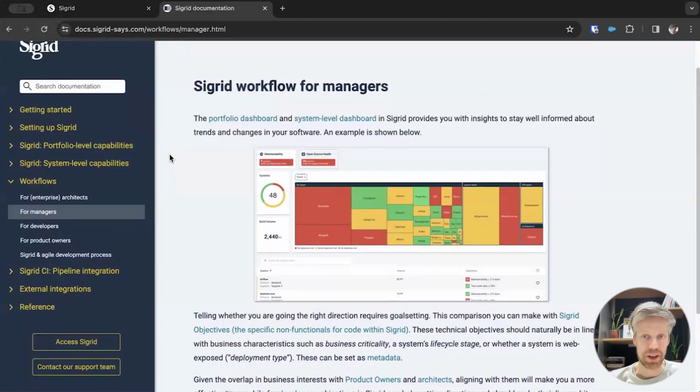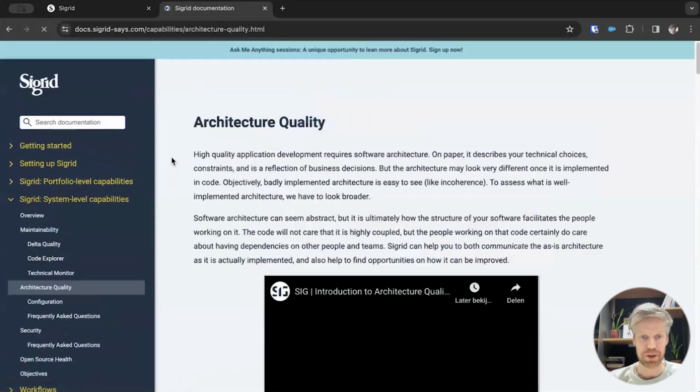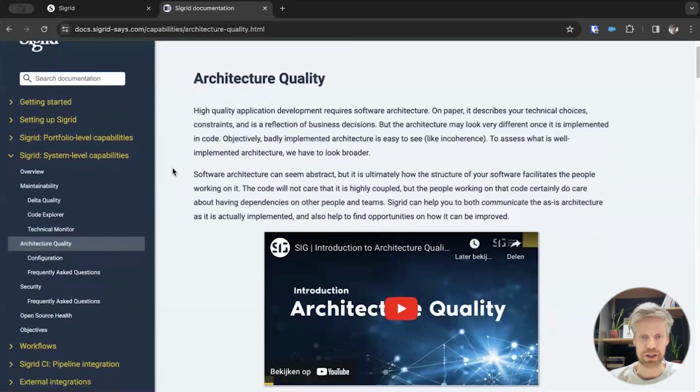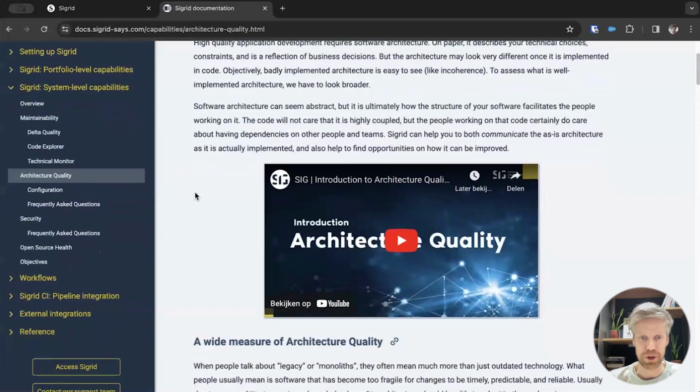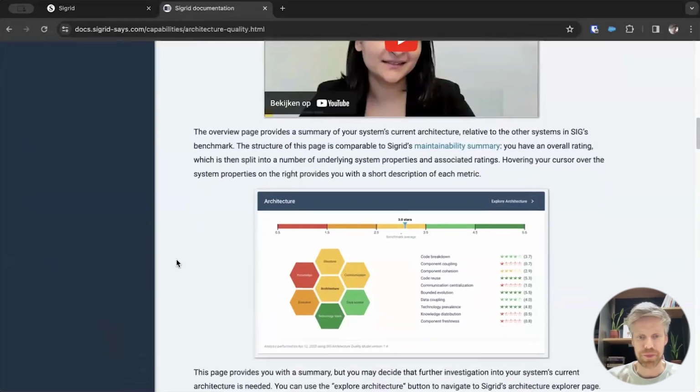That said, going into the other question about the architecture. If I go to system level capabilities, we have the architecture quality tab over here. It has more information about architecture quality, as you can imagine. We have a recording of a demo about what it is and what the different aspects are.